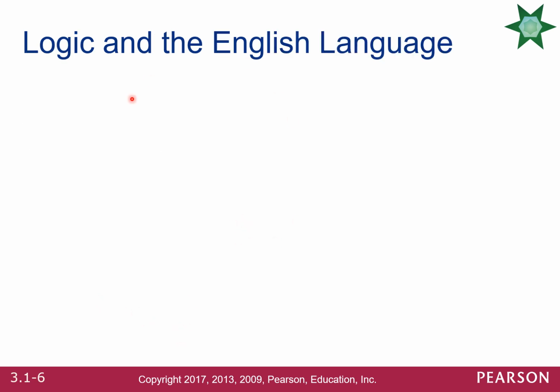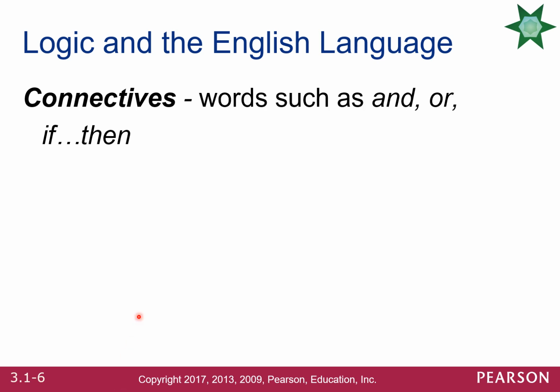We will now start by looking into the logic in the English language, the reasoning, the logic that is inherent in our day-to-day communication using the English language, using the sentences that we put together to communicate a thought or an idea. Now, the first thing that we will talk about is called connectives.